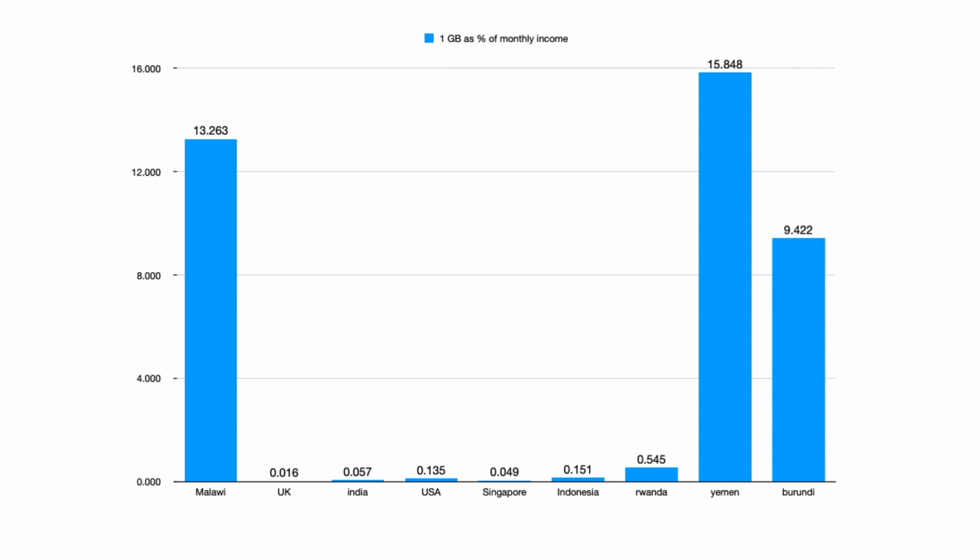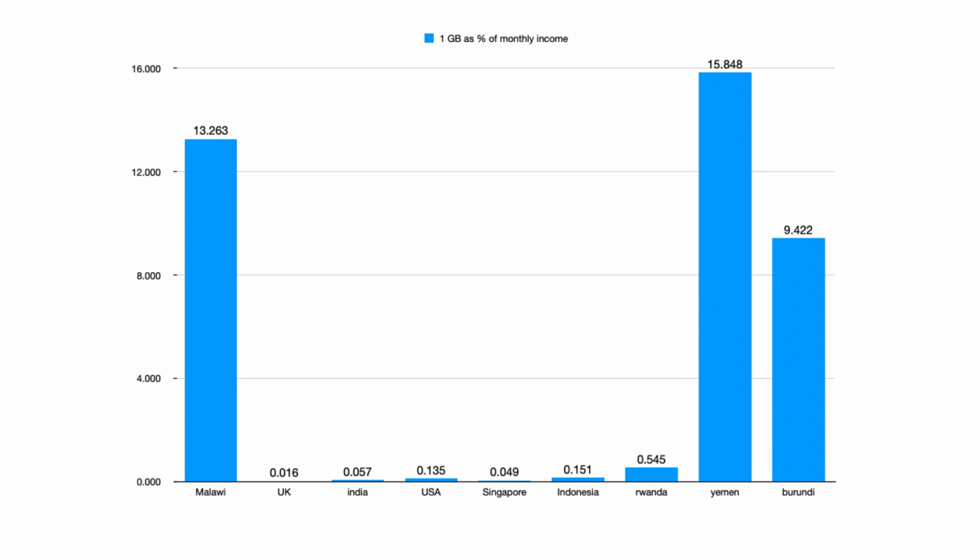In India, it's a little bit more, it's 0.05%. In the States, it's 0.1%. In Rwanda, where one of my customers is doing great business, it's 0.5% of monthly income. In Yemen, where I was born, it's very nearly 16% of monthly income.